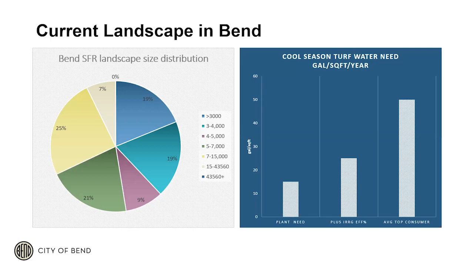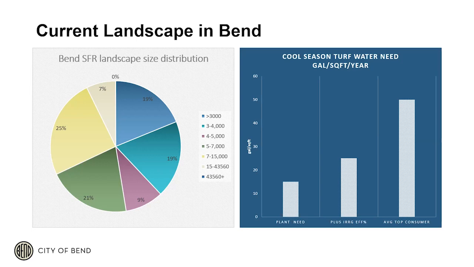So just a few stats for here in Bend. This is our typical single family residential landscape size distribution. This is the size of the landscape within the building lot. We use this data when we recruit single family residential folks into our sprinkler inspection program, because we're creating water budgets in order to identify which customers we need to talk to.